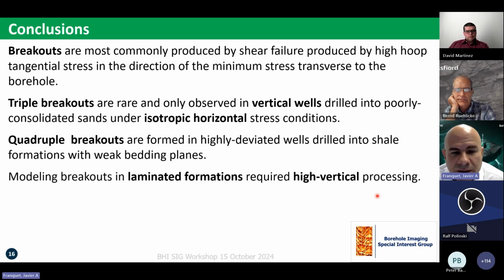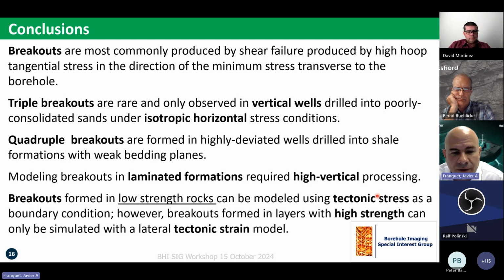When we see breakouts in very laminated formations, it is critical to get high vertical resolution of logs, either acoustic or imaging, in order to get the full representation of those breakouts.